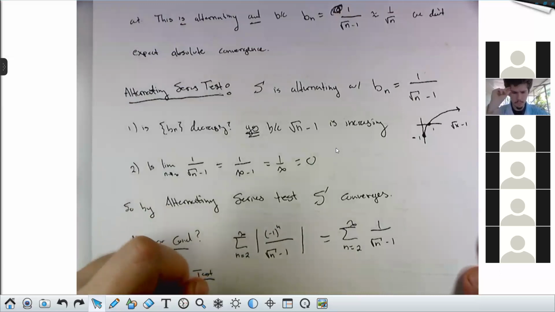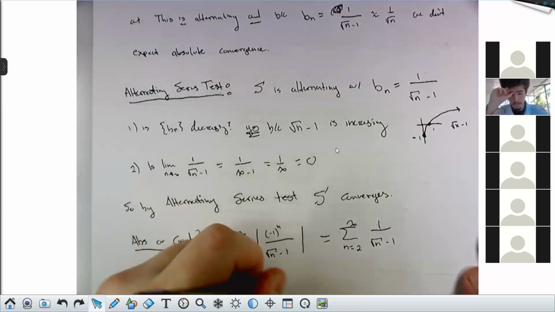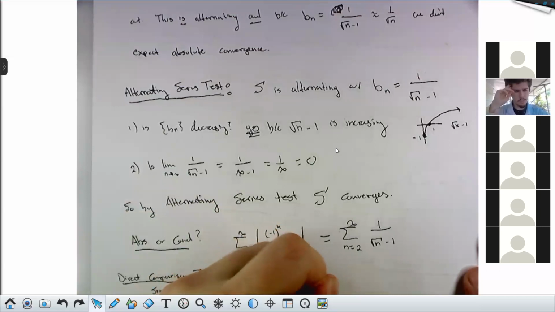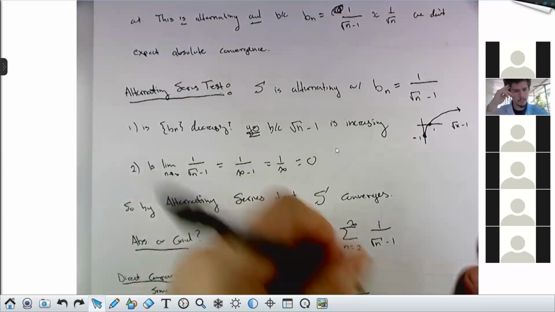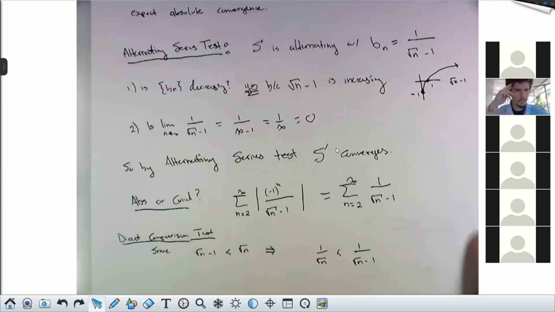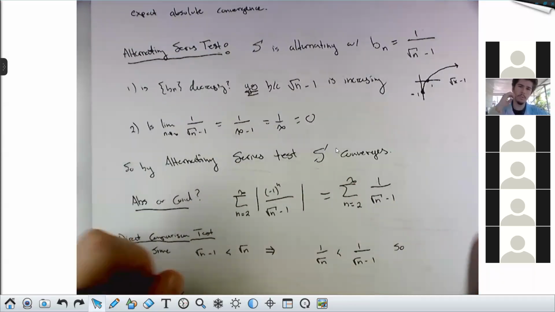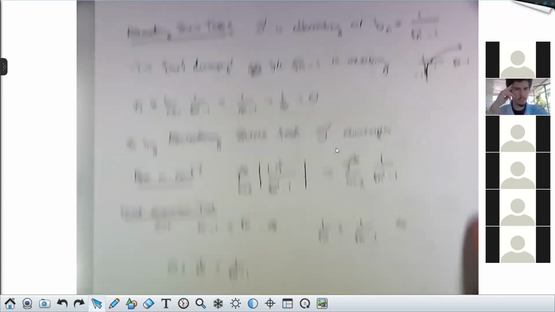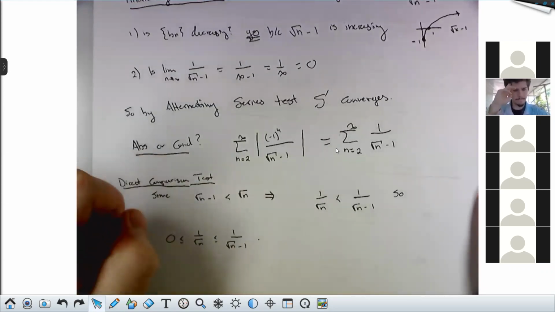Since the square root of n minus 1 is smaller than the square root of n, it follows that 1 over root n is less than 1 over root n minus 1. So we have the inequality 0 is less than or equal to 1 over root n, which is less than or equal to 1 over root n minus 1. Let's call it star.